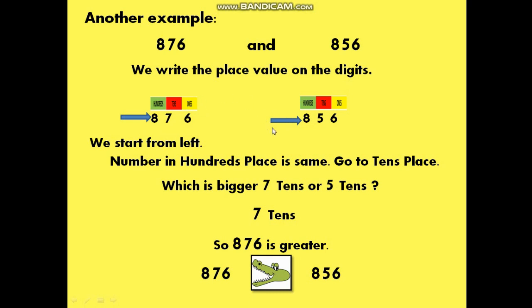The digit at the hundreds place is the same, so we cannot do any comparison here. So we go to the digits at the tens place. The digit at the tens place is 7 here and 5 here. So which one is bigger, 7 tens or 5 tens? 7 tens. So 876 is the greater number. So the crocodile is going to eat 876.